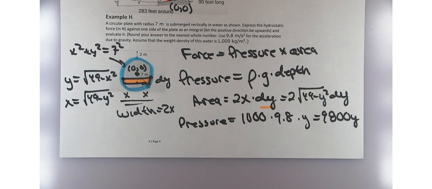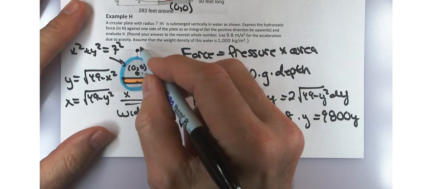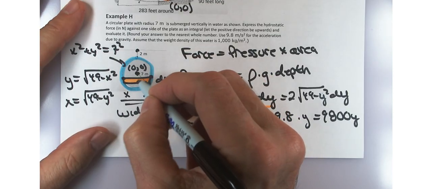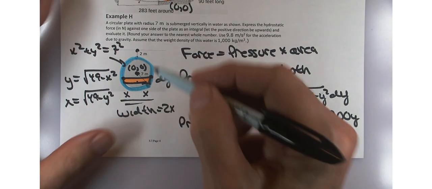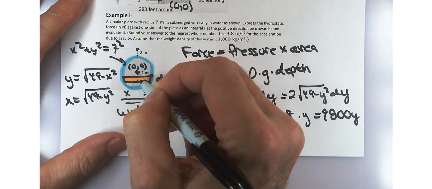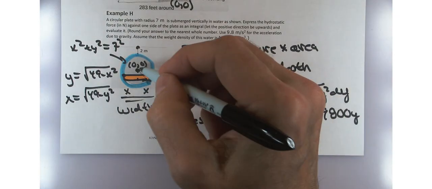I'm wrong about y. The depth is going to be the distance between the surface and this level. So it's going to be top minus bottom. Actually, let me change that up even further. How deep are we?